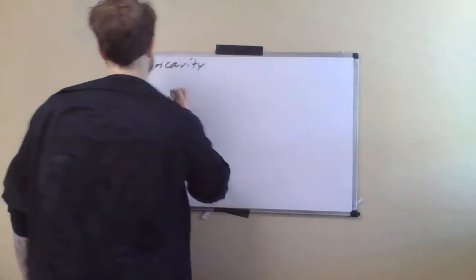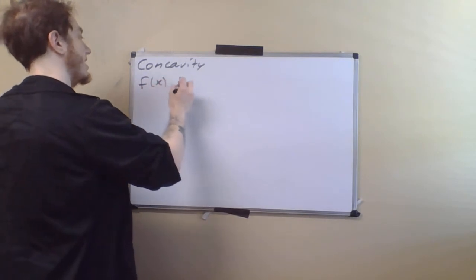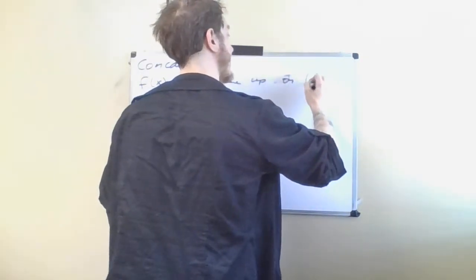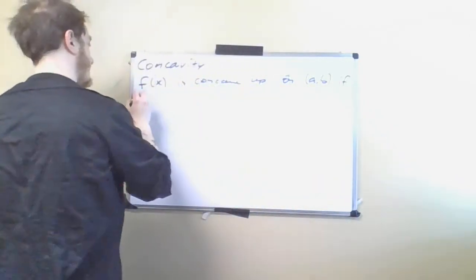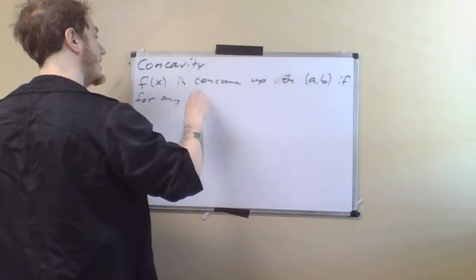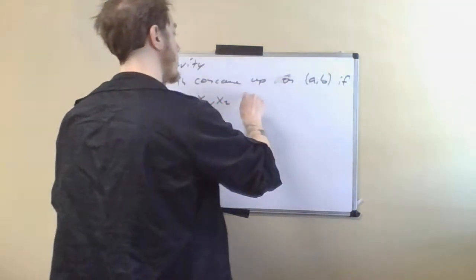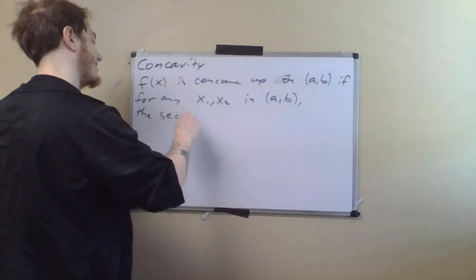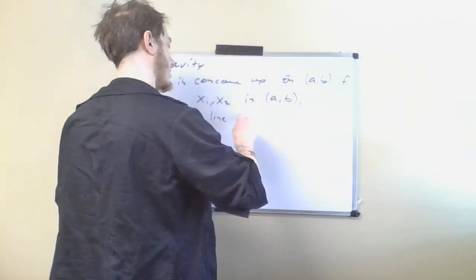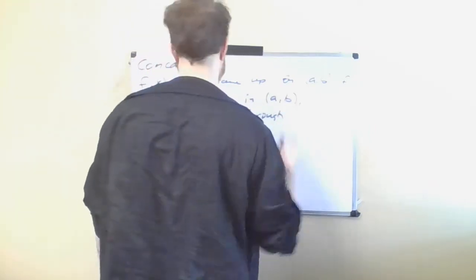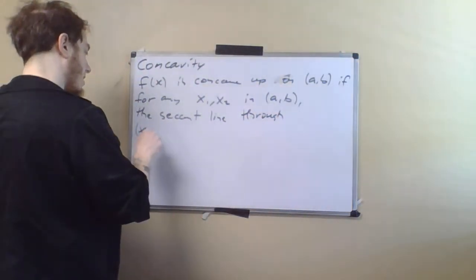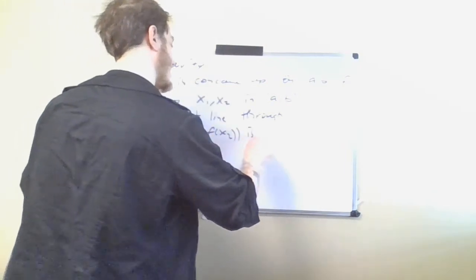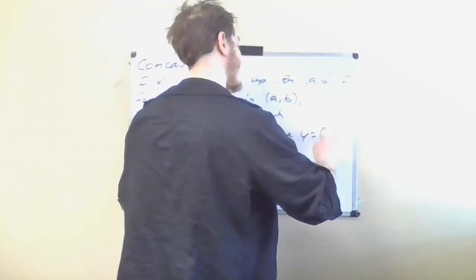We will say that a function f of x is concave up on some interval a to b if for any x1 and x2 in a to b, the secant line through the points (x1, f of x1) and (x2, f of x2) is above y equals f of x.